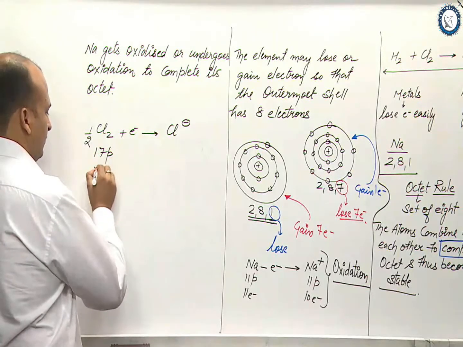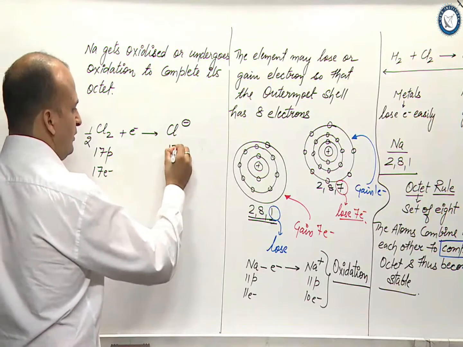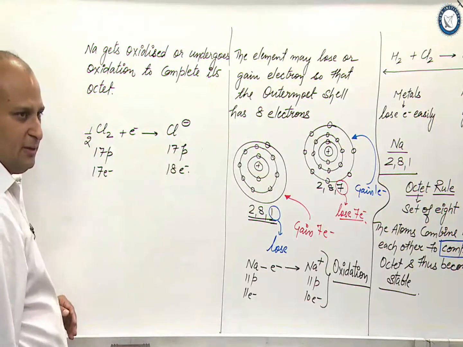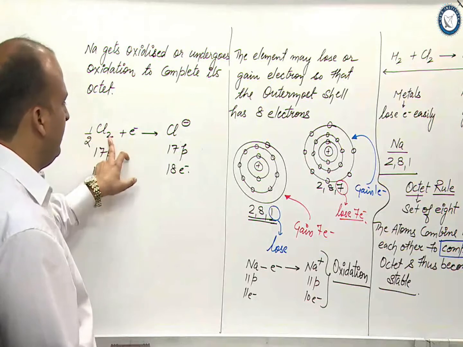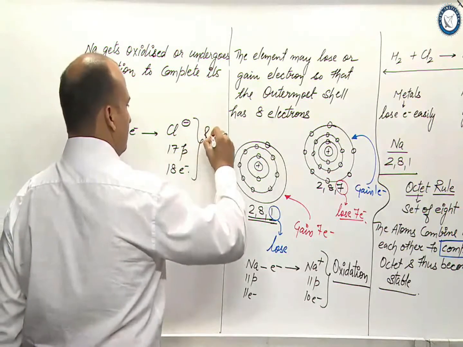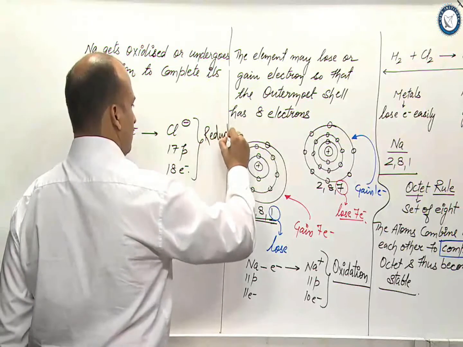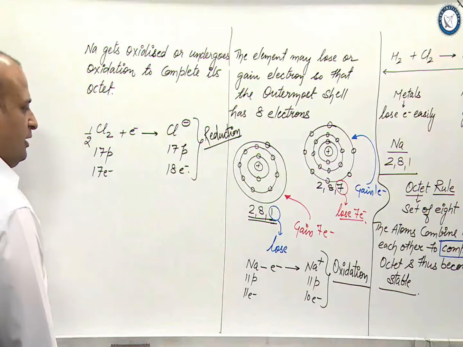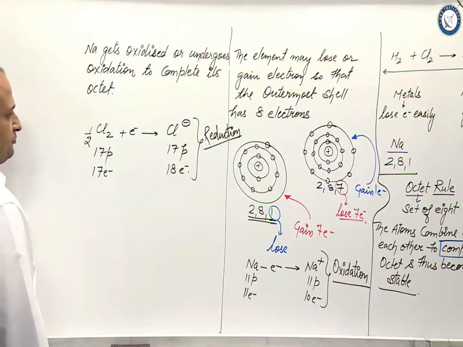When it gains an electron, it has 17 protons but 18 electrons. So this process where electron is being gained is termed as reduction.